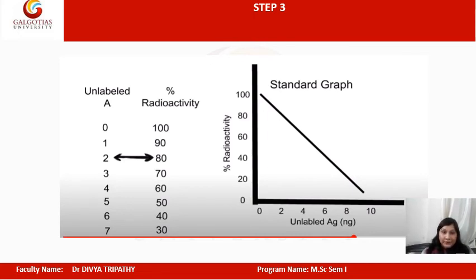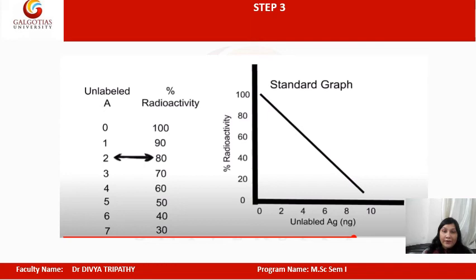We will note down these values. In one column we will note the concentration of the solution of unlabeled antigen, and in the second column we will write the activity. Remember, these values are just an example and may differ with the experiment.